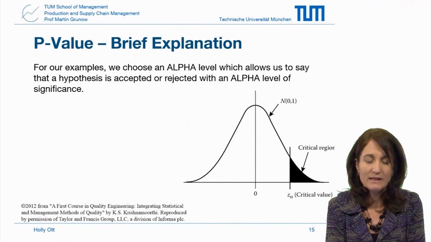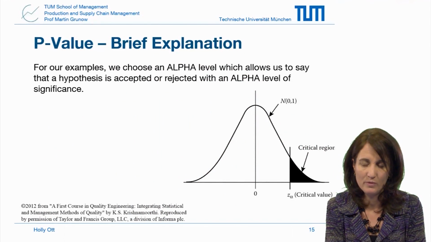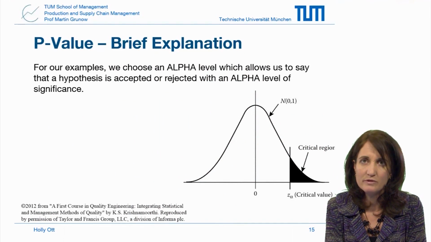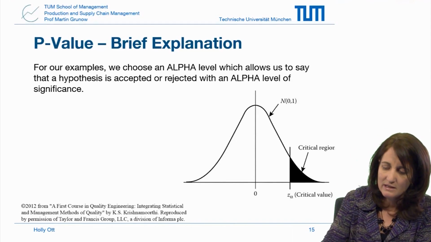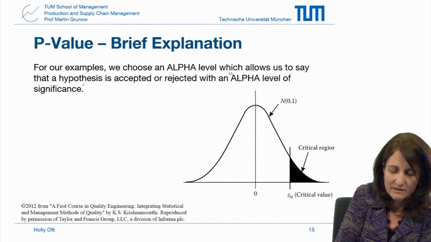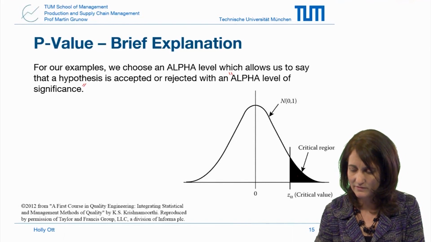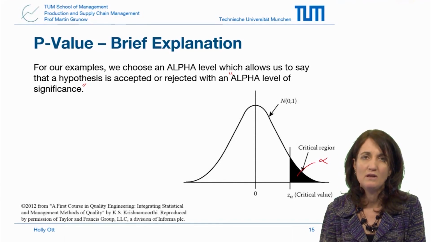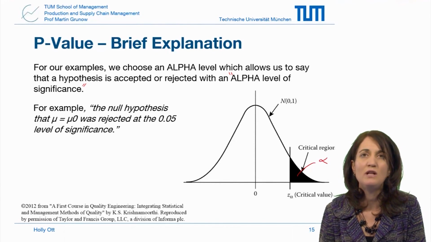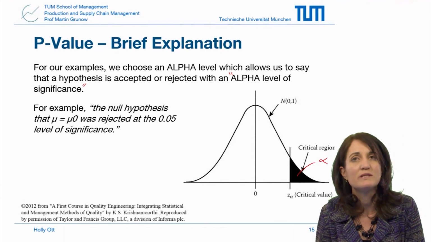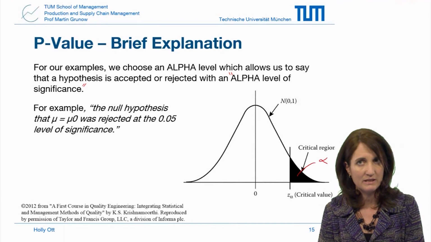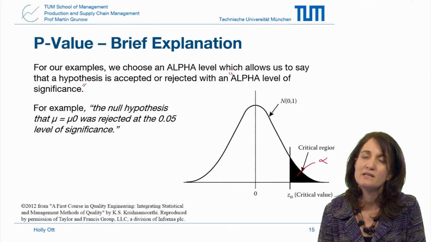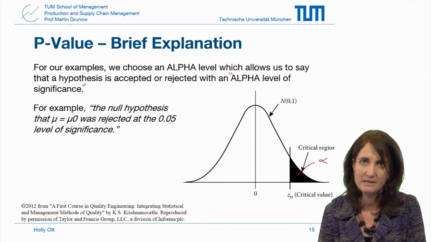Now, one last small point. For our examples, we chose an alpha level, which allows us to say that a hypothesis is accepted or rejected with an alpha level of significance. So again, alpha here. For example, we say the null hypothesis that mu is equal to mu0 was rejected at a 0.05 level of significance.